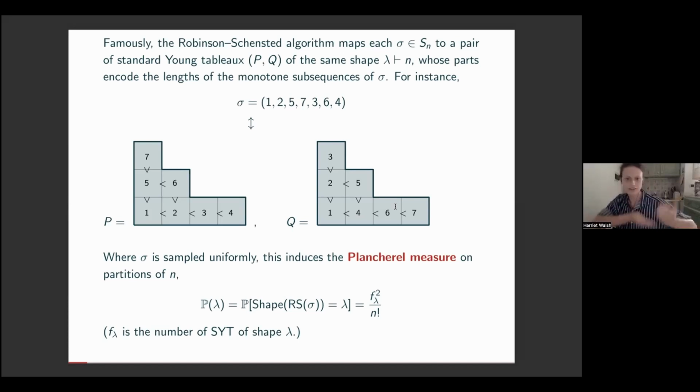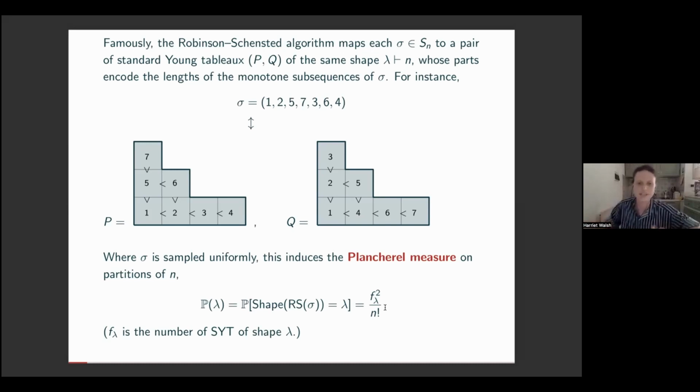And this will define for us a law on partitions where we just have the number of standard Young tableaux, we denote that f lambda here, squared, to count the fact that we're counting pairs, as a weight, and then we have a normalization for the number of permutations, n factorial.